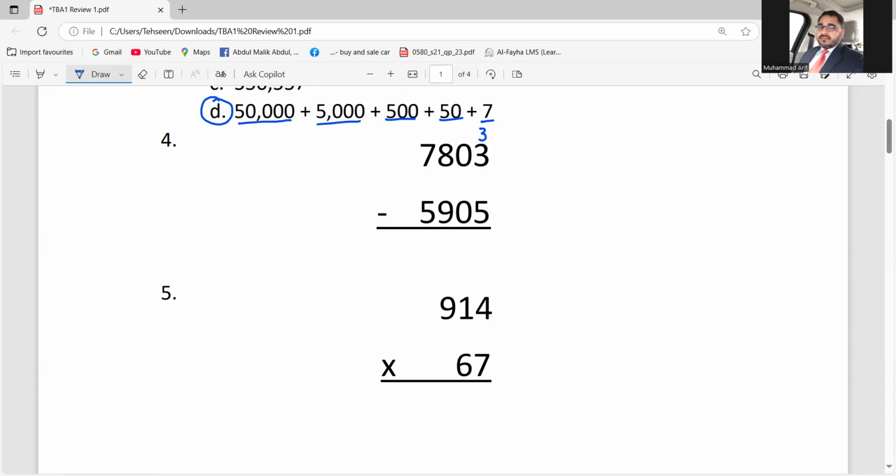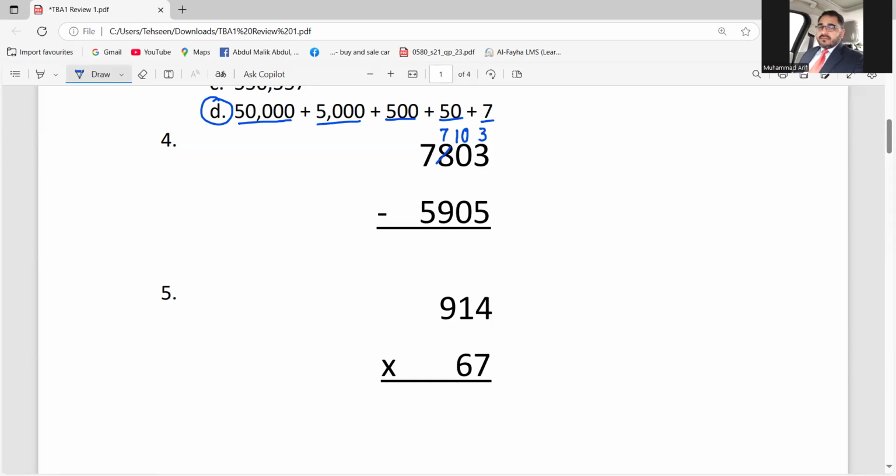Then we need one borrow from the next digit. Okay, as next digit is 0, from 0 we can't borrow. That's why we will go to this 8. We need to borrow 1 here with this 0. This will be 10. And at the place of 8, here remaining 7.